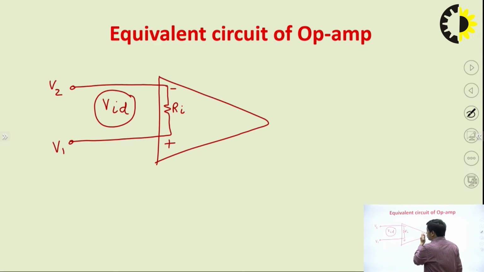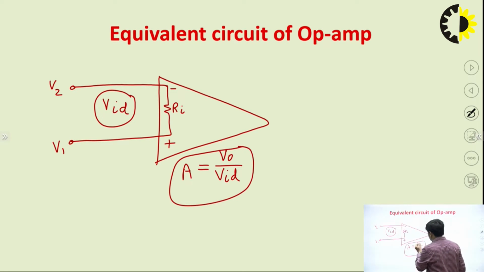Now, how will the output voltage be related to the input differential voltage? If the gain of the op-amp is A, then the gain equals the output voltage upon the input differential voltage VID, right? So the output voltage V0 will be equal to A into VID.